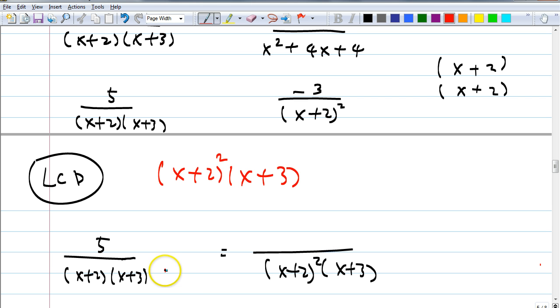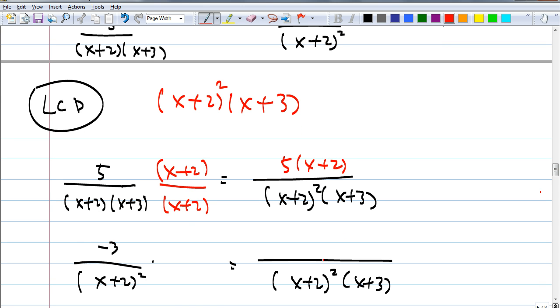Yeah, I'm missing x plus 2, right? Now, could I just multiply the denominator only? No, got to also multiply the numerator by x plus 2, right? Does that make sense? So what do I write up here? Do I just write x plus 2? No, then you get it wrong. It's 5 times x plus 2. Right, guys? You get the idea?